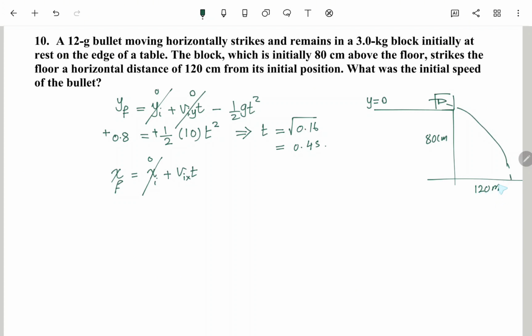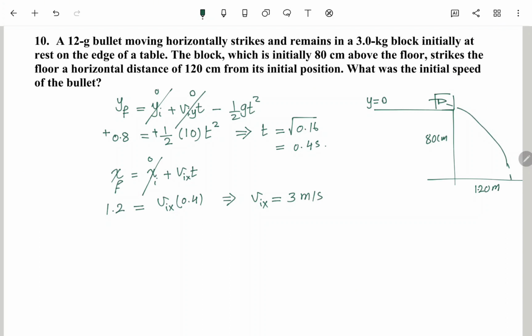It has to be in meters, so it has to be 1.2 meters, equal to the initial x velocity times the time, which is 0.4 seconds. After all, the initial x velocity is equal to 3 meters per second.